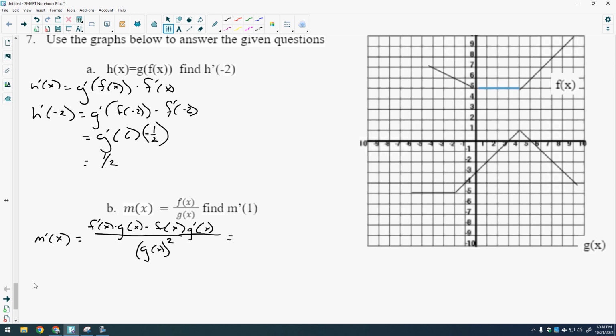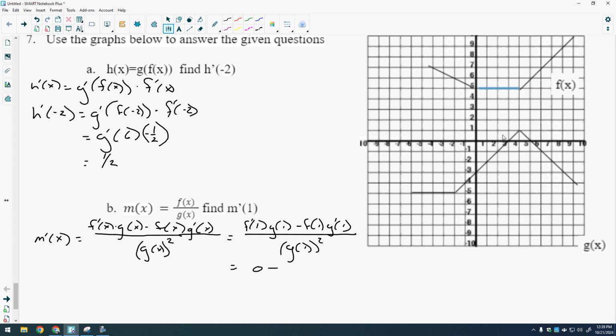Plugging in 1 gives me f prime of 1. I'll go and do it all out: g of 1 minus f of 1 times g prime of 1, all over g of 1 squared. I probably didn't have to do this step. All right, f prime of 1 looks like 0, so that first term is going to go away.